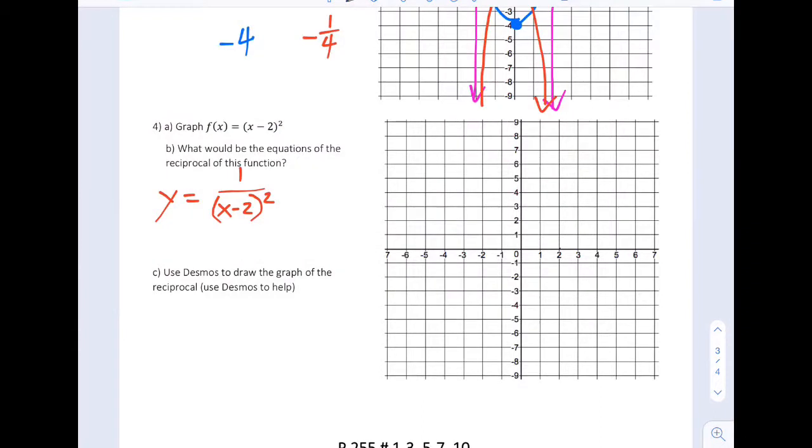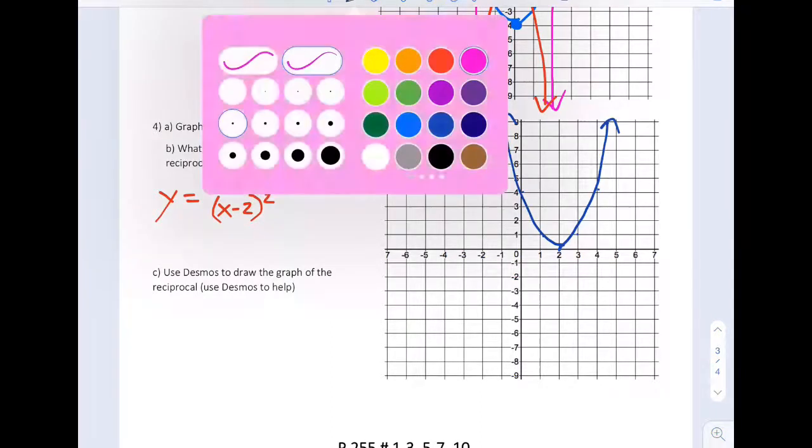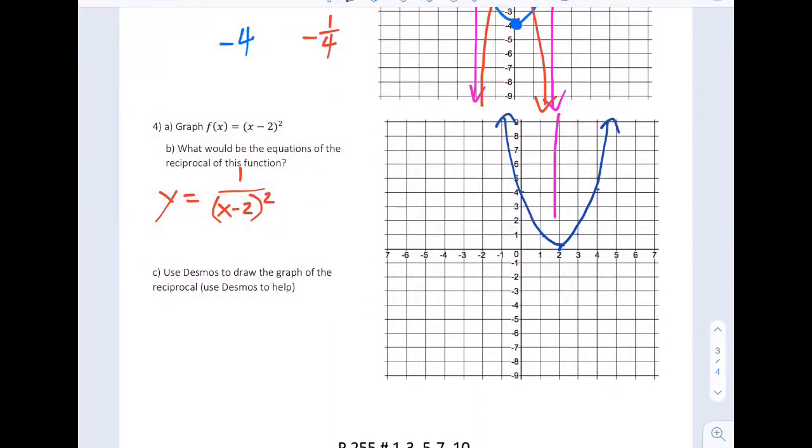So I'm going to put that onto my grid. So that's the original quadratic of (x minus 2) squared. This one has only one x-intercept, which happens to be at 2, so that means we're going to have a vertical asymptote right there at 2.